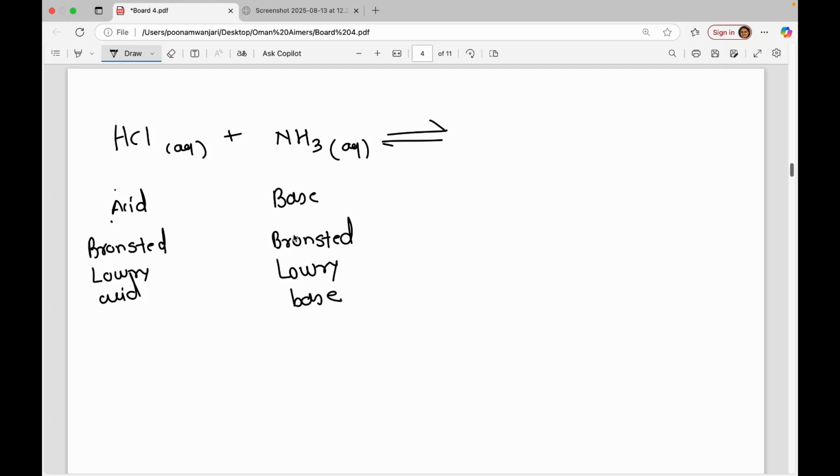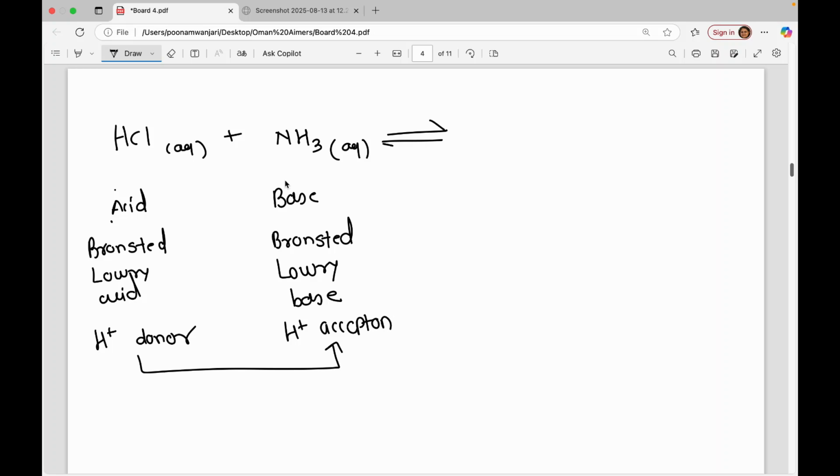Now students, as we understood, an acid is a proton donor, so it will donate a proton to ammonia. Ammonia is a base, which is a proton acceptor.